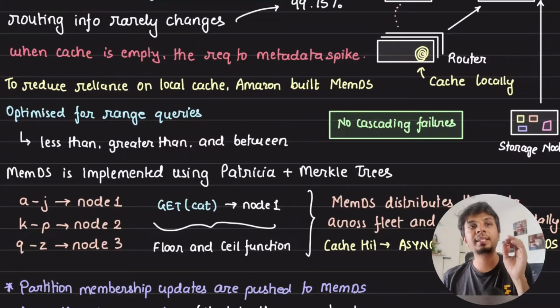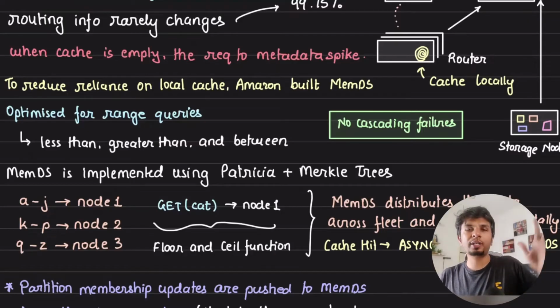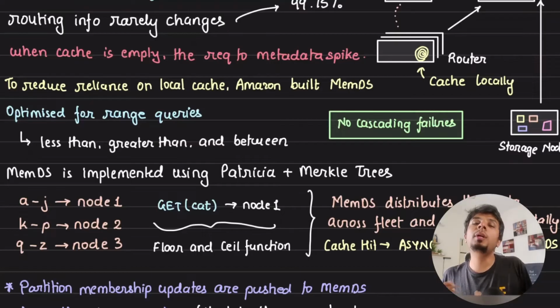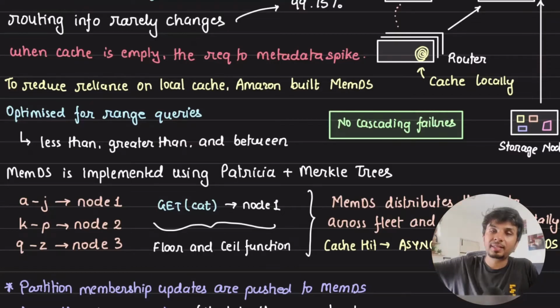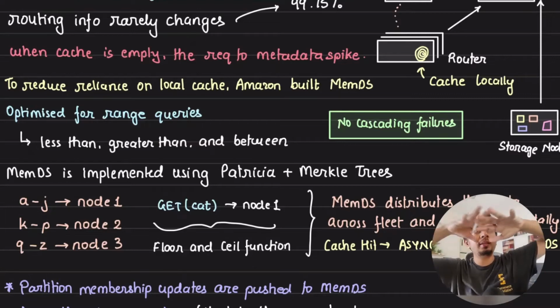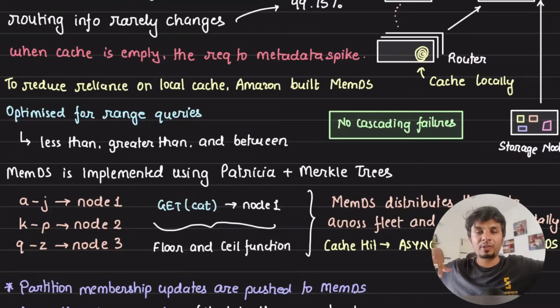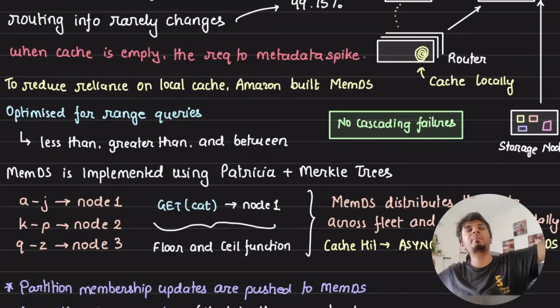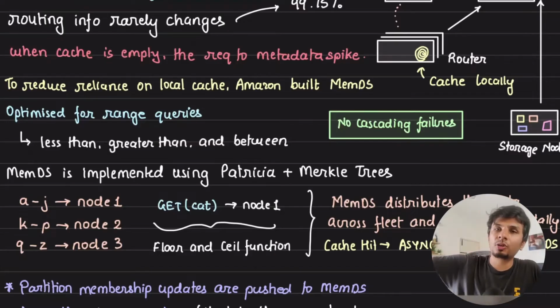So what happens is, given a key, let's say I want to find the value for key cat, where would I have to go? I have to go to node 1, but how would I know that? The way MEMDS, a distributed in-memory data store optimized for range queries, works is you fire the query to MEMDS, and MEMDS gives you the answer, which node you should go to.